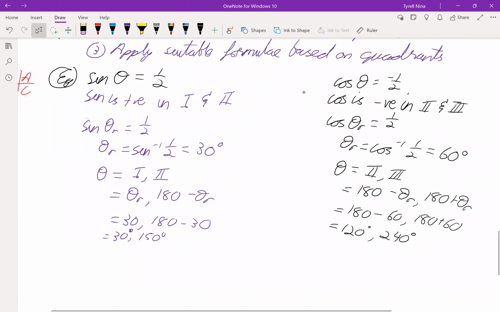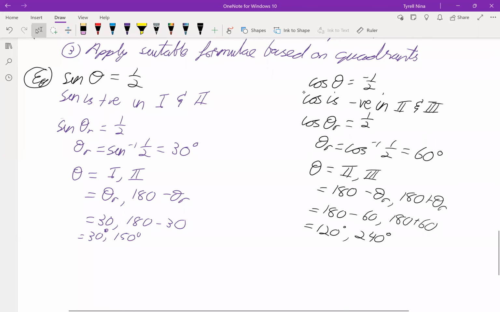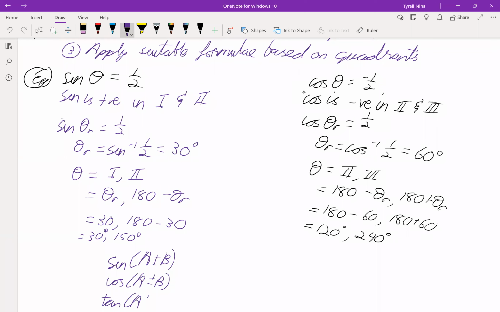So the proofs, all right, I'll put it this way, right? The formula sheets have these formulas here: sine a plus or minus b, cos a plus or minus b, tan a plus or minus b. Use them. Yes, correct, Alvin, the trig graphs would show where they're positive and negative and how they oscillate and whatnot.